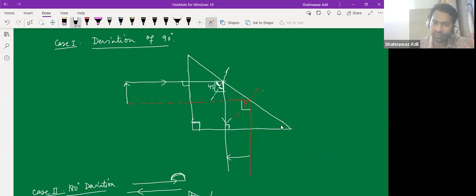This angle is 45, right? And this angle is also 45. This angle 45, right? And this angle, these are two parallel lines, so this is also 45.